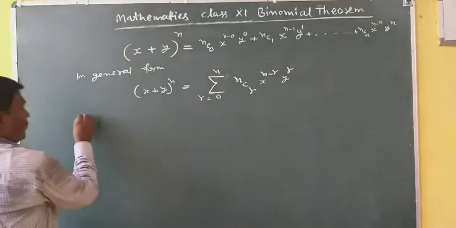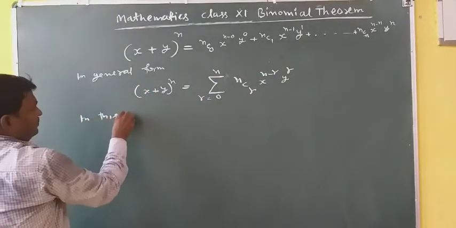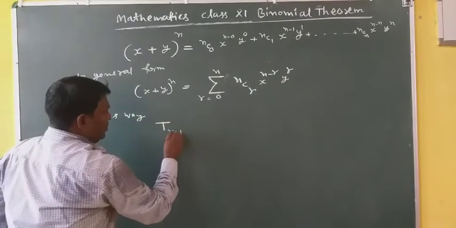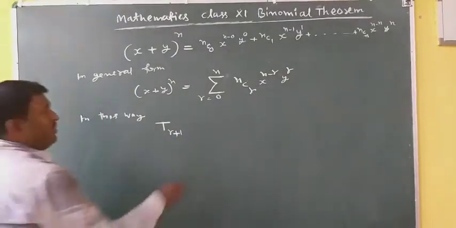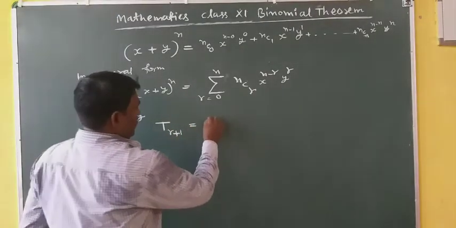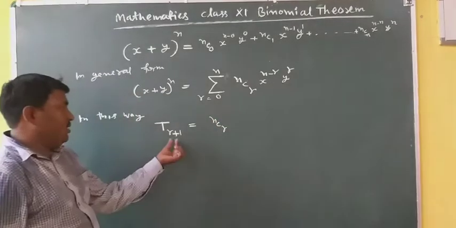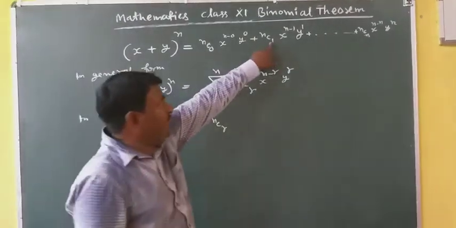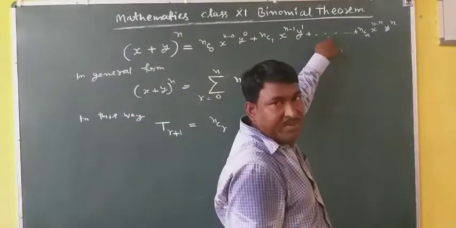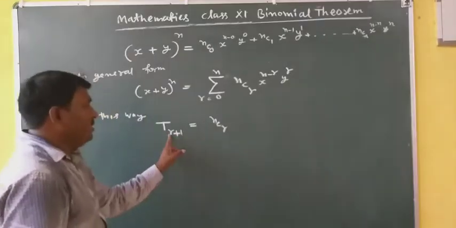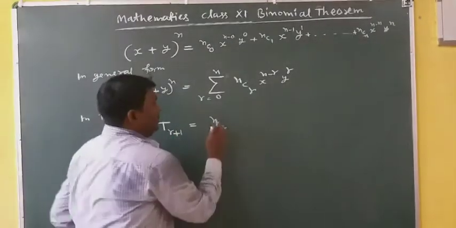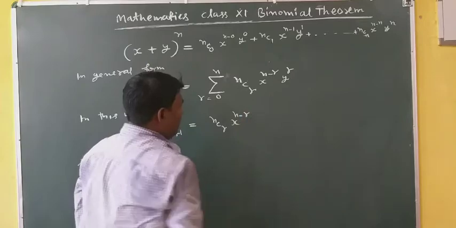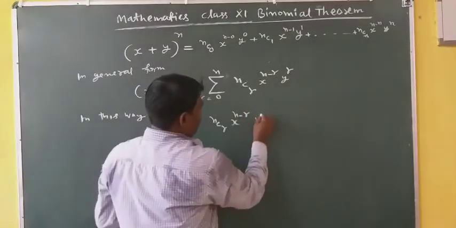In this way, the (r plus 1)th term, T r plus 1, will be equal to nCr x power n minus r and y power r.